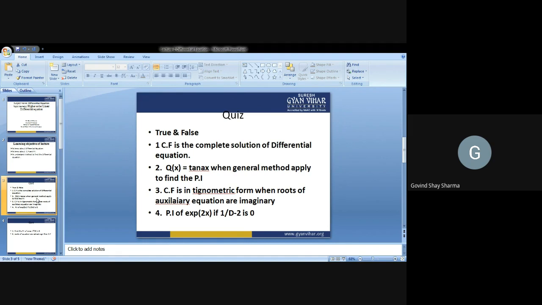In case it is 0, we multiply with x and differentiate the denominator term again in D. So because we put D equal to 2, we find infinite. So we multiply with x and differentiate, it becomes 1. So the PI becomes x.